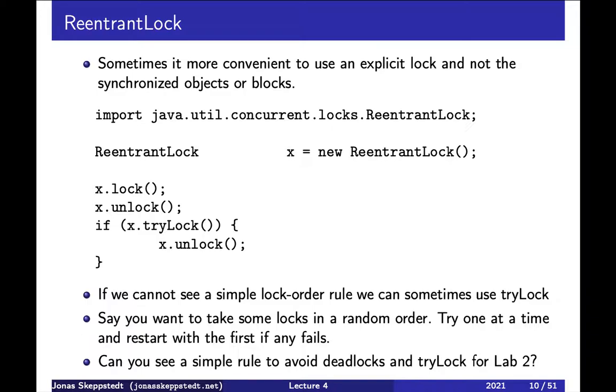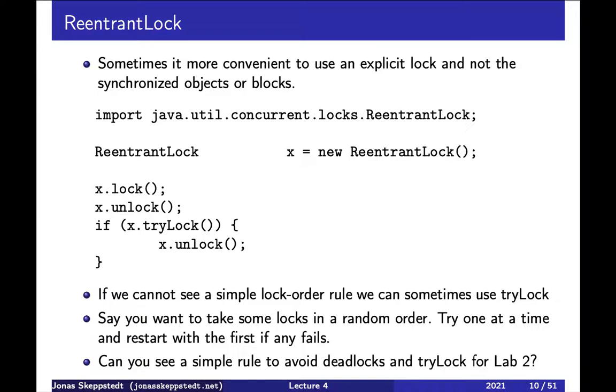If you cannot figure out such a rule, which may be impossible if the nodes are more or less random, then it can be useful to use try-lock. So say you want to take 10 objects. You can then do try-lock for each of these and continue until you have taken all the 10 objects.